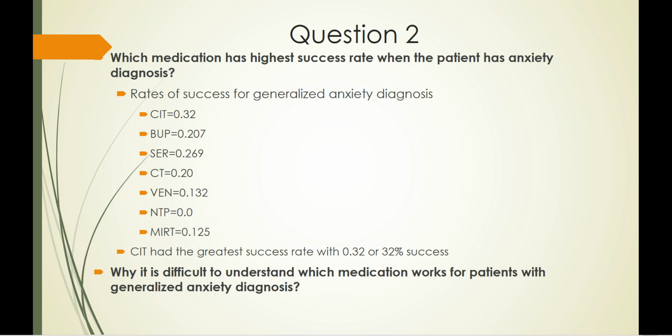Because of this, there is no one universal medication that can work for anyone. This is proven by determining the success rate of medications. As you can see, even though citalopram had the greatest success rate, other medications did work for different individuals.